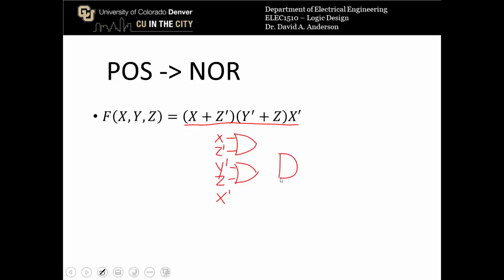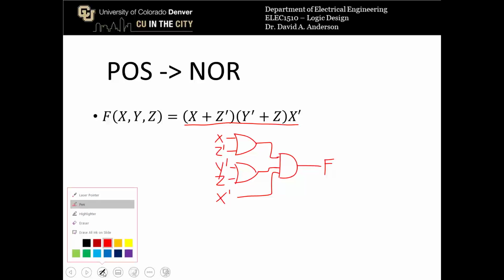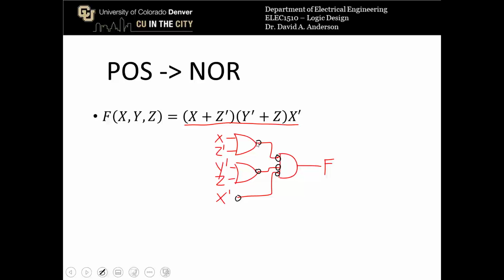All of those are inputs to an AND gate. And now I know that an AND gate with complemented inputs is equal to a NOR gate. So I need to complement those inputs by adding bubbles to the inputs. And now, in order to make sure that those bubbles are canceled out and don't affect the equation, I need to add bubbles to the other end of each of those wires. So I'll add a bubble here, add a bubble here, and add a bubble here.